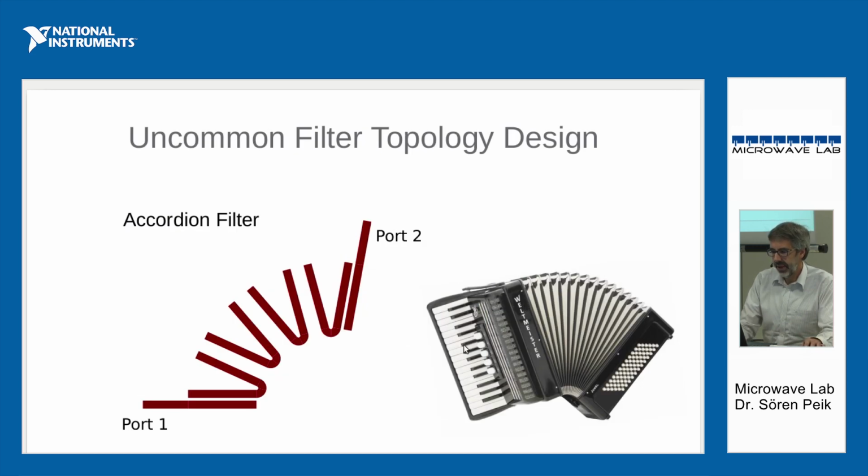So what I can do with it, I prepared 2 examples. First one is, if you want to do something which is uncommon, which is not in the normal library of stuff, I came up with a funny filter. I don't know what it's good for. Please don't ask me. Just to have an example, I call it the accordion filter.